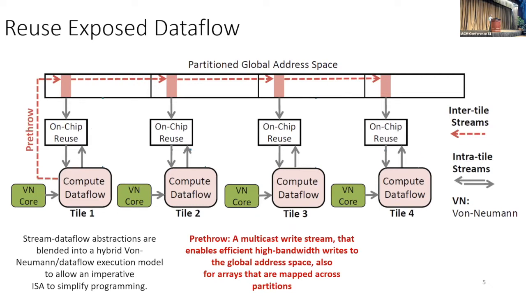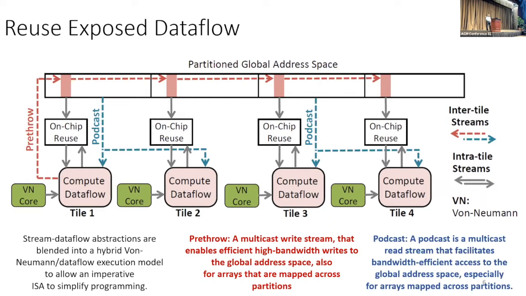The analog of that is podcast, which is you're accessing a tensor or a data structure, and the same element is used in many places. You access it once and you proactively send it everywhere, which gives you a huge energy and performance efficiency. So that's kind of out of 10,000 feet, what are the high level ideas in this architecture. So I'll go into an example, which is going to be a little bit low level, but at least I hope to convey some of the elements of what's there and to encourage you to go read the paper.